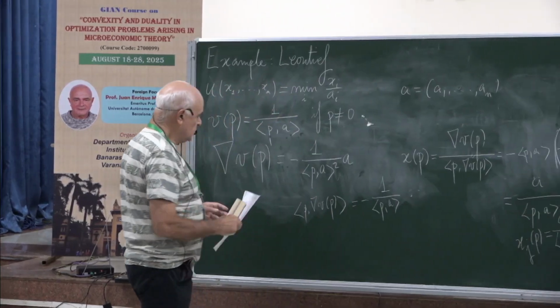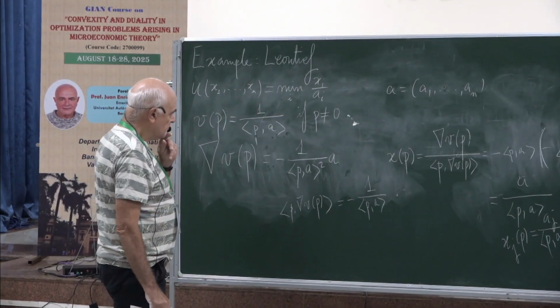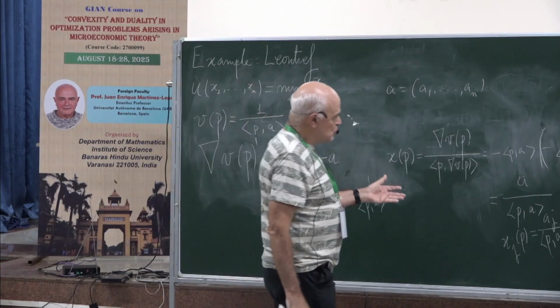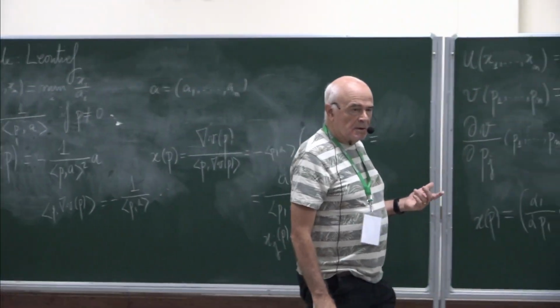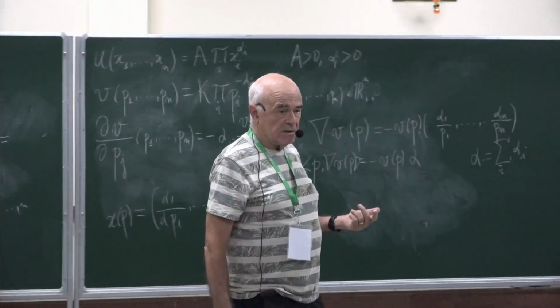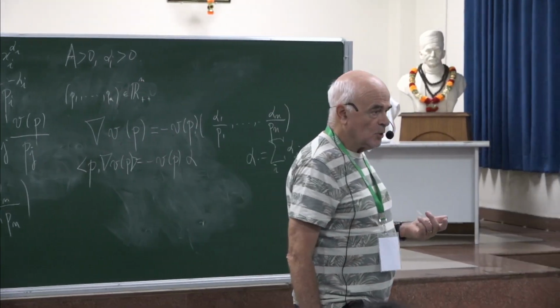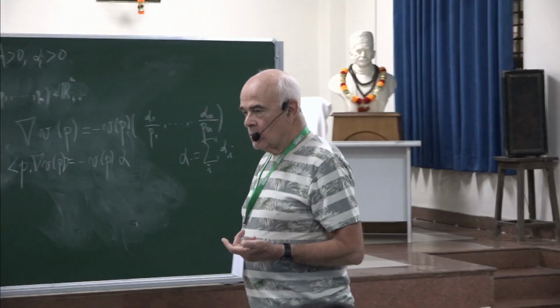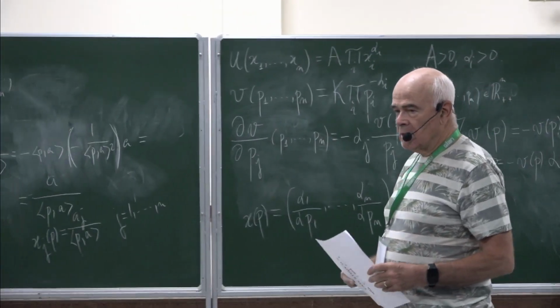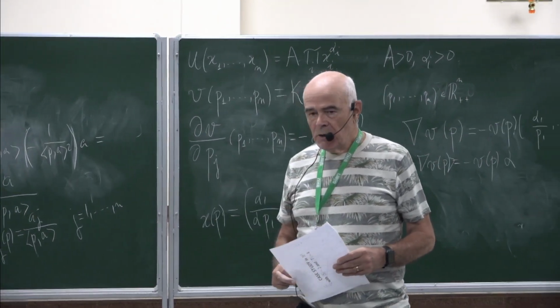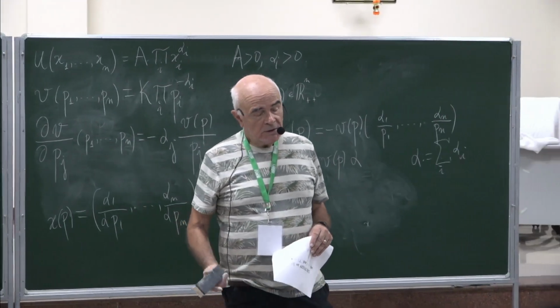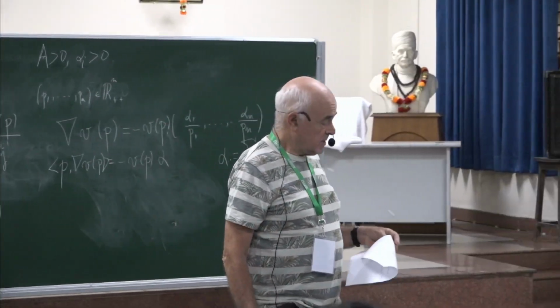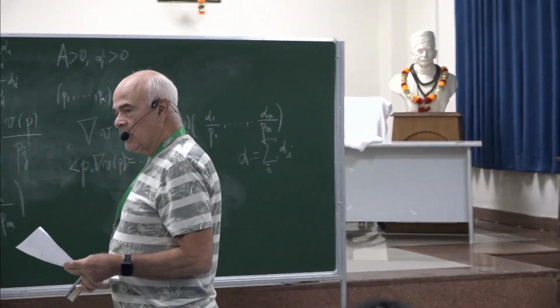In all the examples we have seen, the budget constraint is binding. It's active at the optimal solution. Well, we are going to see that this always happens when the utility function is semi-strictly quasi-concave, under some other quite natural assumption.